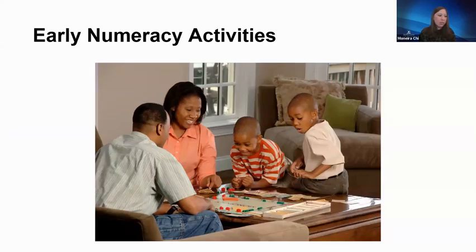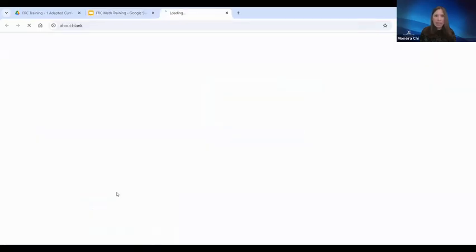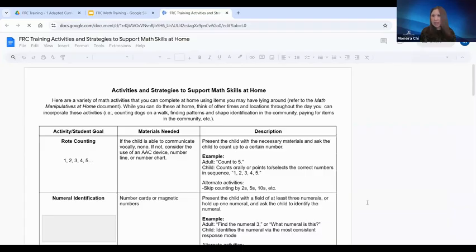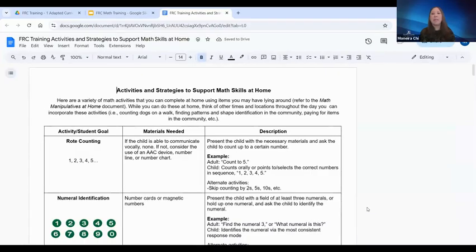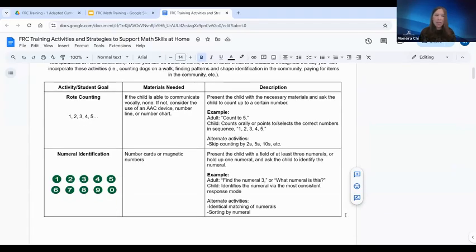So a couple of additional resources that you have in your handouts, again, I will pull right up for you, are just some things that I have created and that were really helpful to a lot of families during that virtual learning time, that help to highlight some of the early numeracy skills that we've talked about and those evidence-based practices that we've learned about today, with materials that you can use at home.